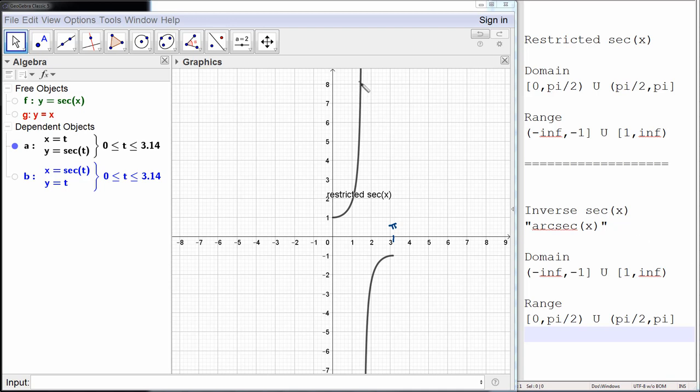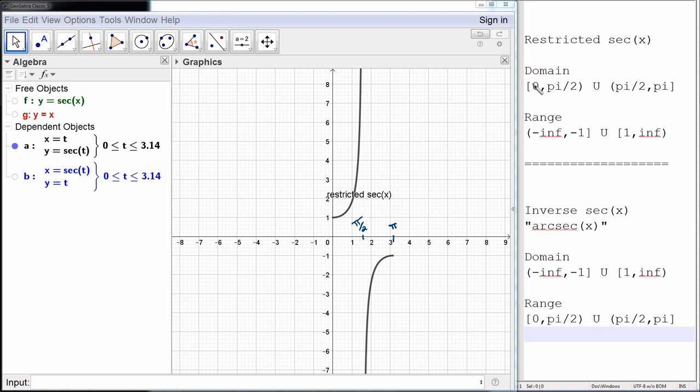Oh, but wait, there's an asymptote in here. It looks like that vertical asymptote occurs at about 1.5. And again, you should know from experience that when you're dealing with trigonometry and you have a number around 1.5, that number is probably pi over 2. I did not draw a very good pi there. So the vertical asymptote is at pi over 2.